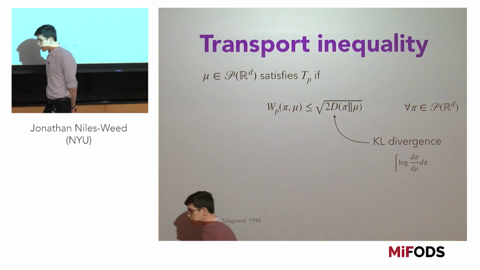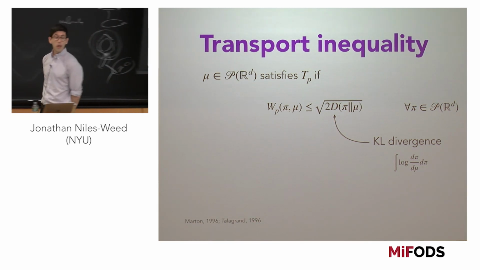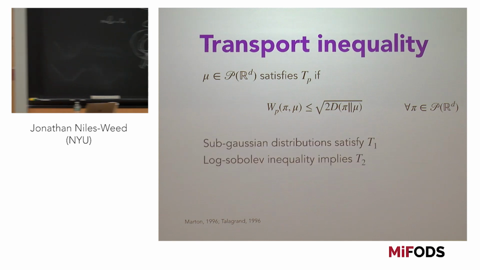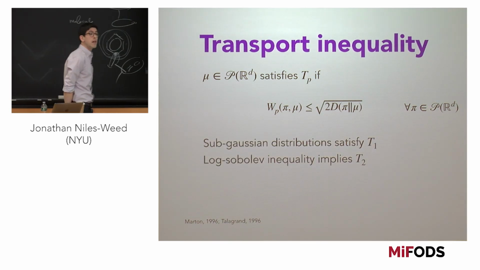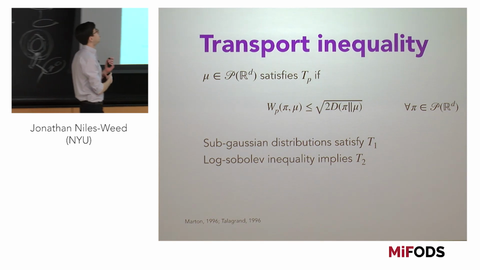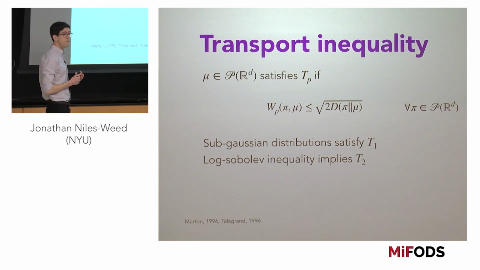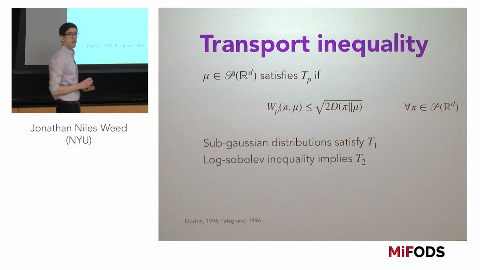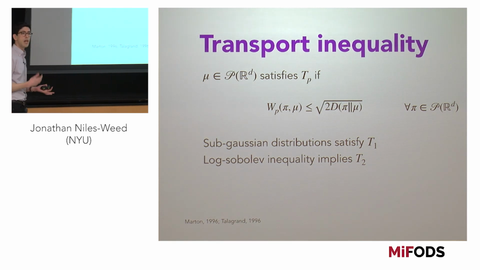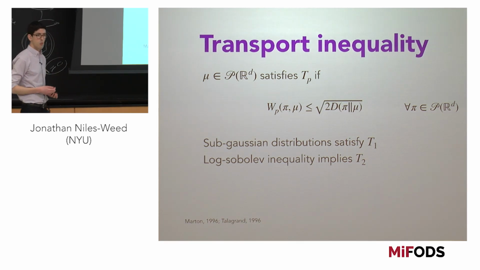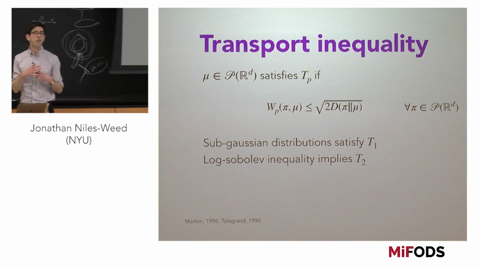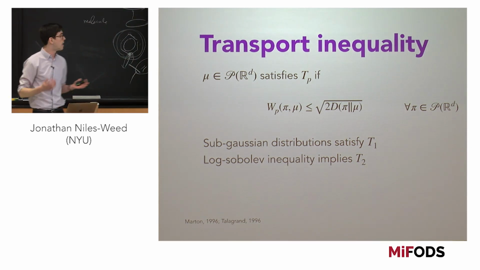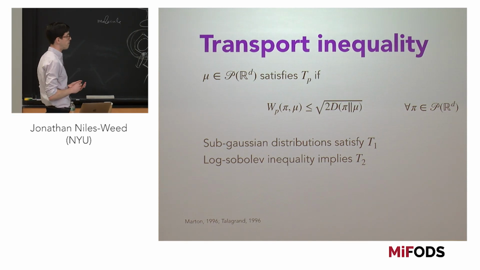Now, let me just say a word about how to interpret these in more familiar terms. Sub-Gaussianity is basically equivalent to satisfying a T1 inequality. And a T2 inequality is implied by a log Sobolev inequality, and in some cases the implication works the other direction as well. But these are both connected to things that people understand in the world of probability theory.